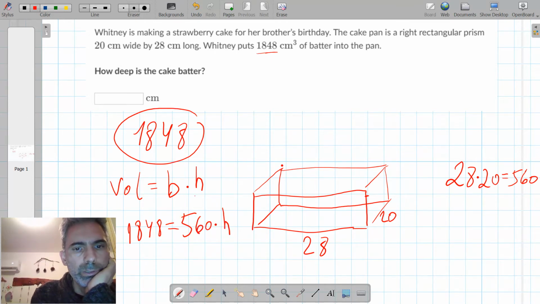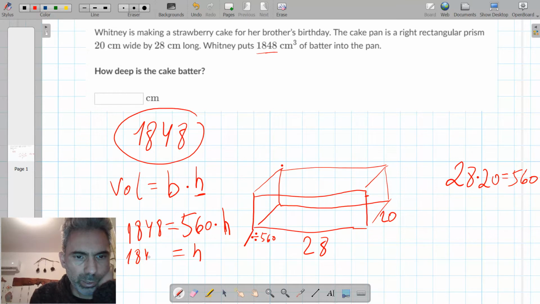So the missing variable is the h. So we need to isolate the h. So we divide both sides of the equation by 560. On the right hand side we are left with h, and on the left hand side we need to divide 1848 divided by 560.